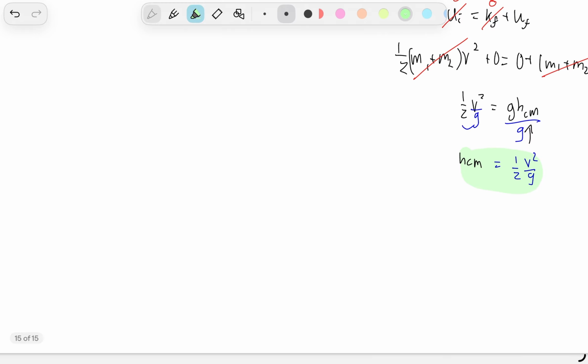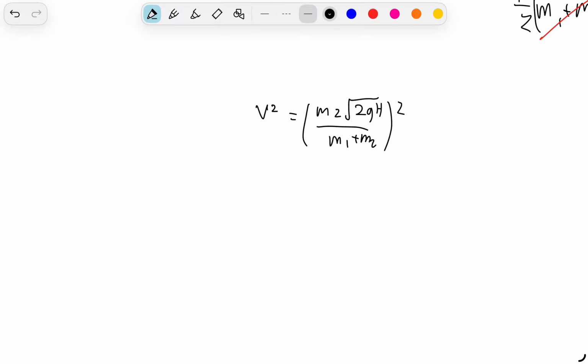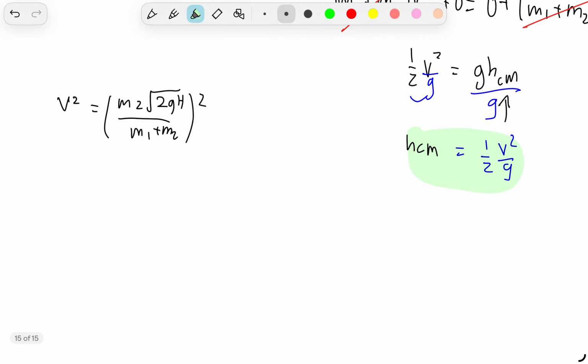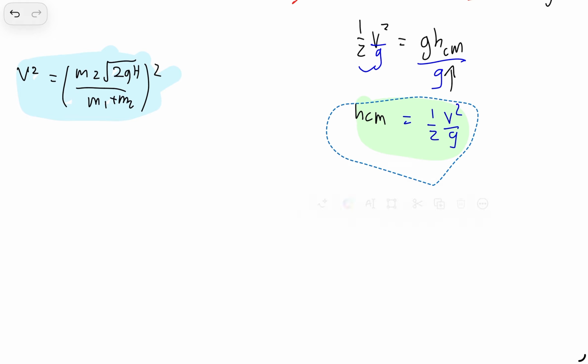So we have in our other equation that v squared is equal to m2 times the root of 2gh over m1 plus m2, squared. So then we can take this, and now that we have v squared, we can take that and substitute it in here.